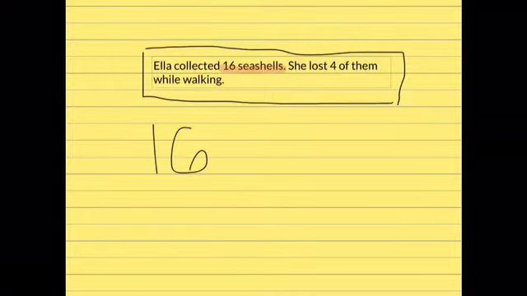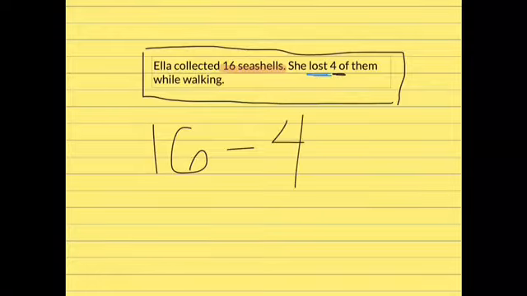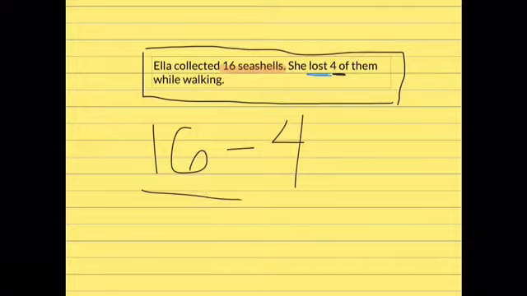If I look back on my chart, I know that lost is another word that indicates subtraction. So I need to write a subtraction sign and the number that she lost. It says here that she lost 4 of them, so I would have 16 - 4. And this is my expression right here.